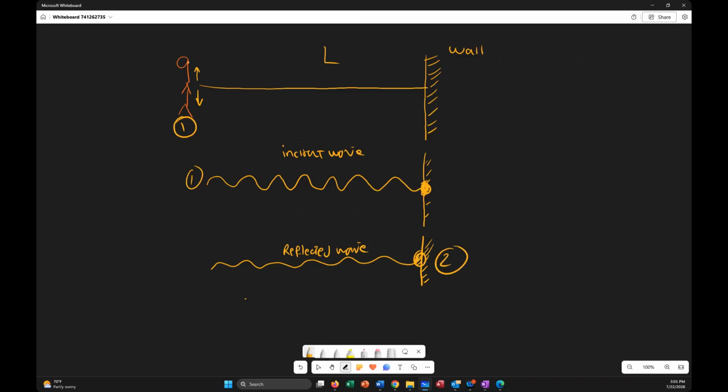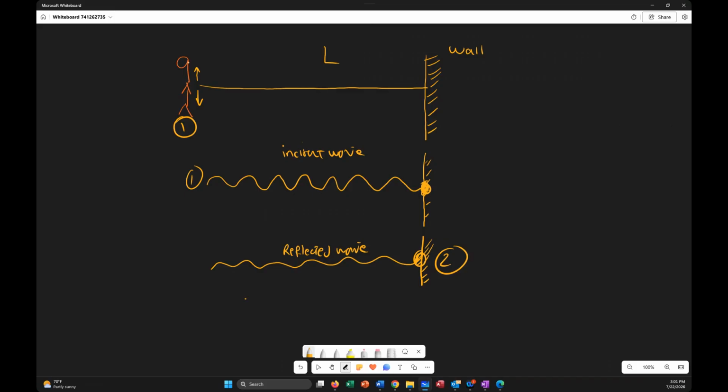It means that the wall itself is radiating a wave. Now we have two sources, a person and the wall, and both of them are creating waves. Make sense? The person is creating an incident wave. It cannot pass through the wall. The wall reflects that wave, and you see that it is acting like a source wave.